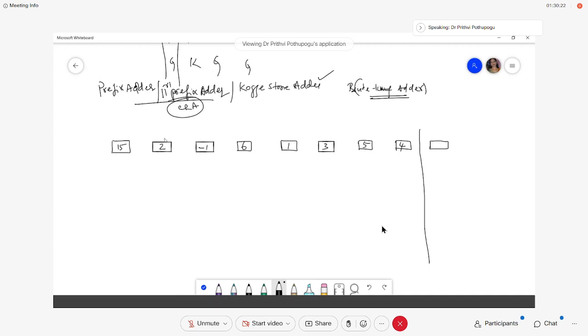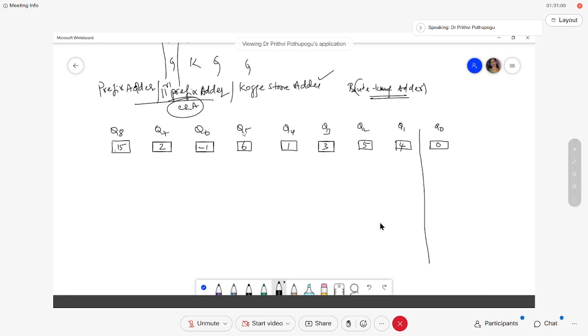Okay, and the first step is that when I add this, the result I will get should be stored in my final register. This register is the final register for us. This is the initial register. So here, say this is Q0, Q1, 2, 3, 4, 5, 6, 7, and 8 you are having.